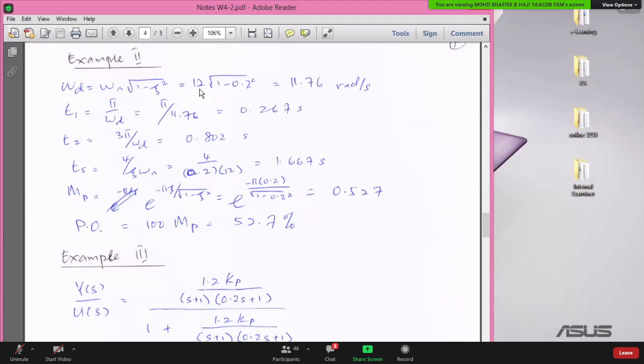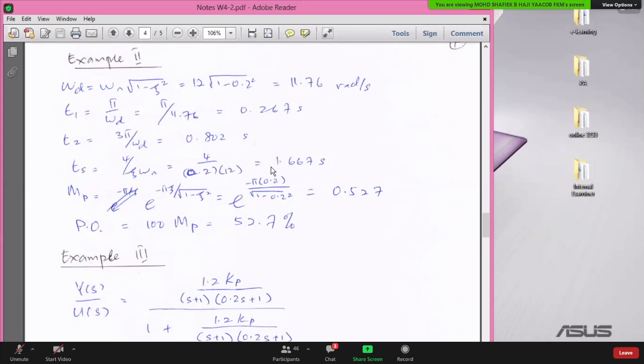Natural frequency is 12, but the actual frequency now is going to be 11.76. The peak time is the first peak time, pi divided by omega d. The second peak time, 3 pi divided by omega d. So that's the value of first peak and second peak.